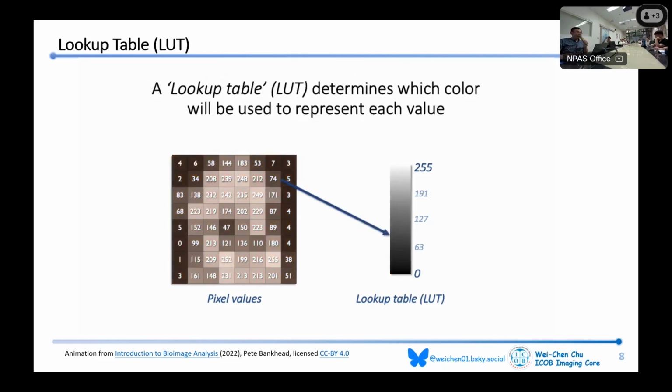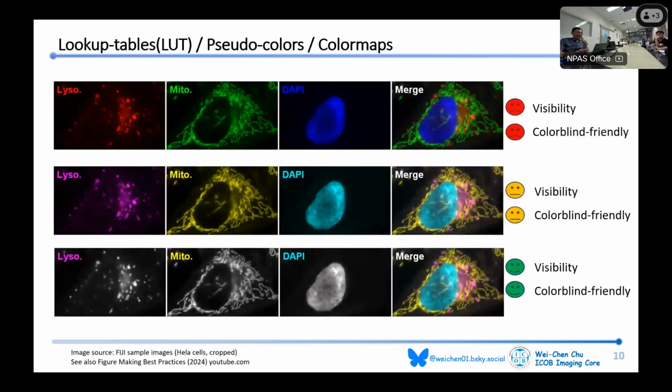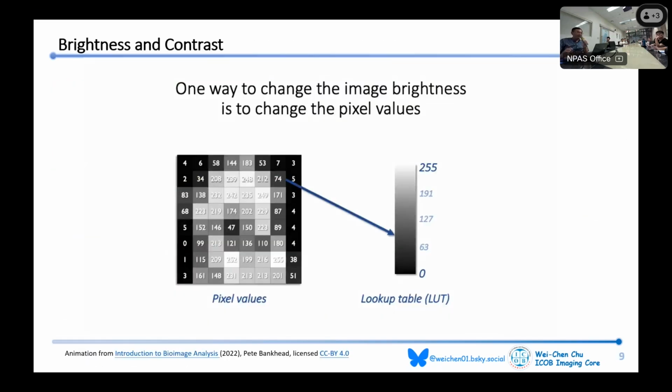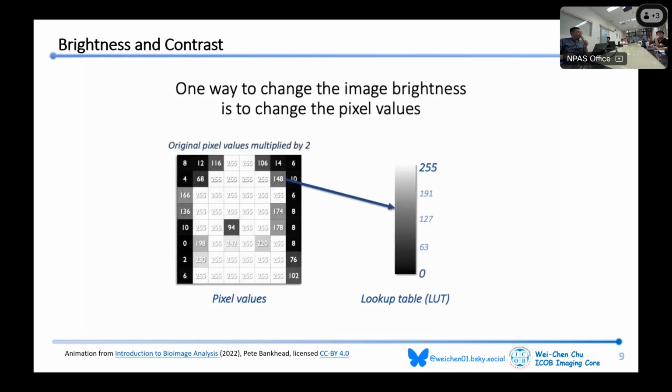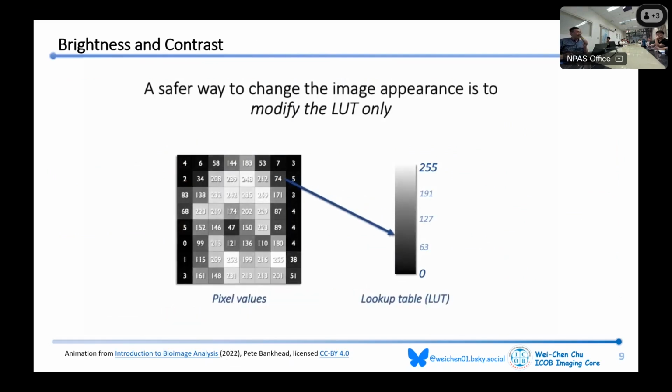Then how can we address brightness and contrast? Sometimes we have to address brightness and contrast for presentation purposes. If you simply change the pixel values, that's a bad idea because you change your raw data.